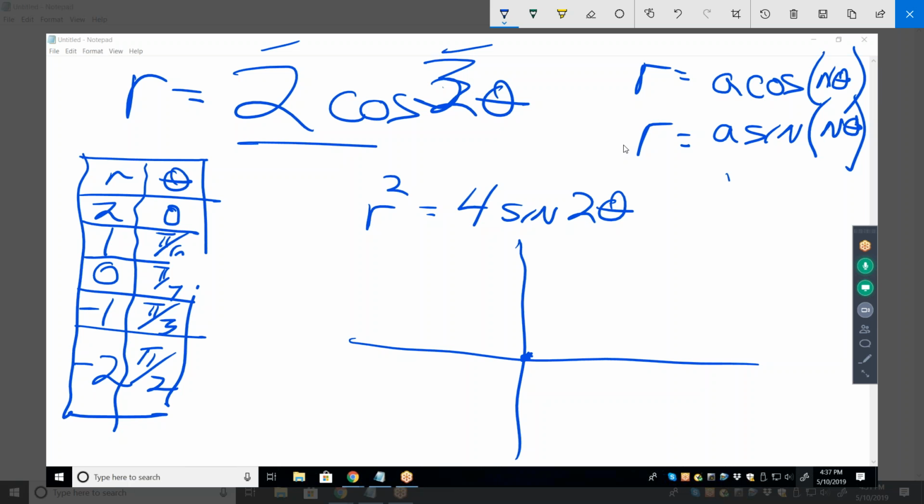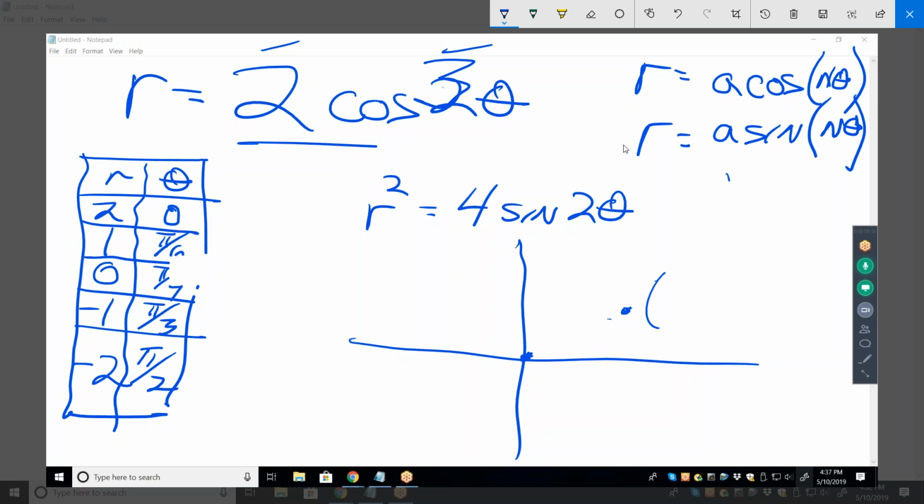Hold on a minute. So an r at 30 degrees, the plus side, would be that.